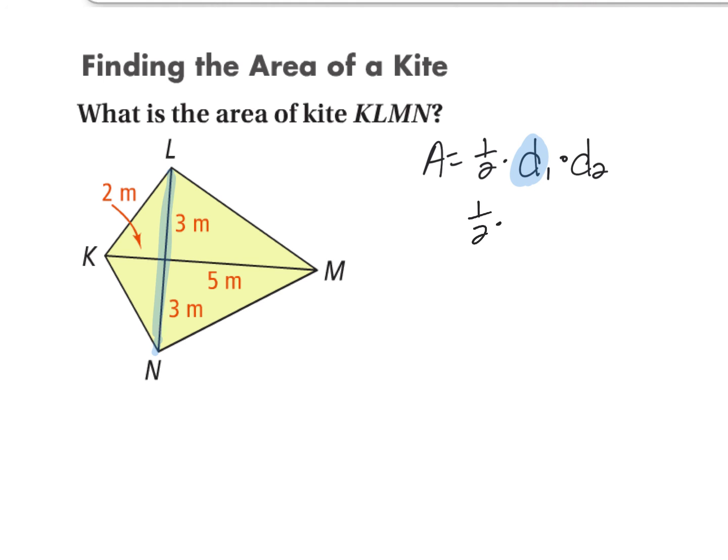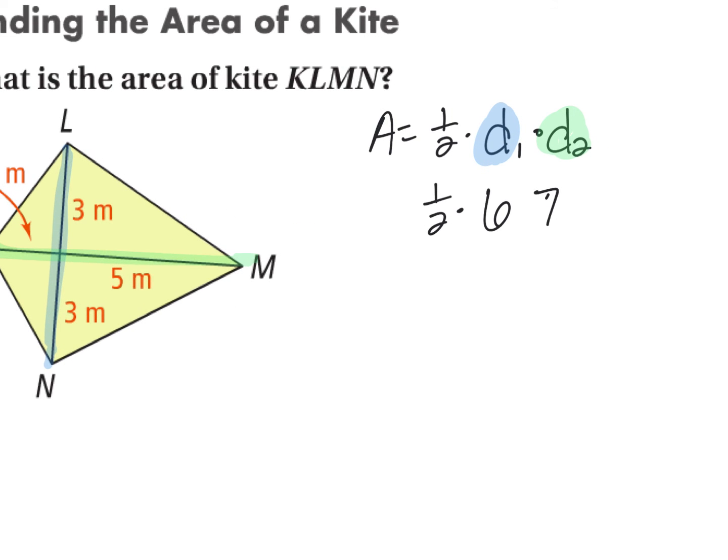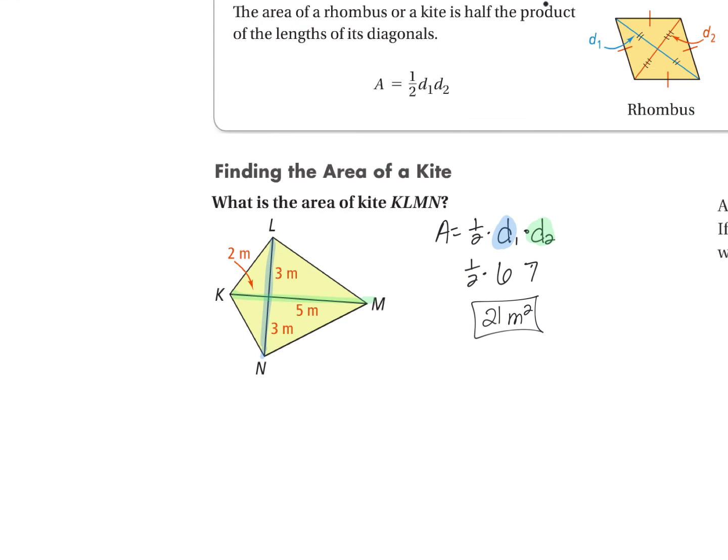So I'm going to have 1/2 times, well, that is going to be 3 plus 3, so 6. And then I'm going to have D2 be this distance right here. And what would that be? Well, that's going to be 7. Okay, now let's do our formula. So 1/2 times 6 times 7, I believe, would be 21 meters squared. And that's it.